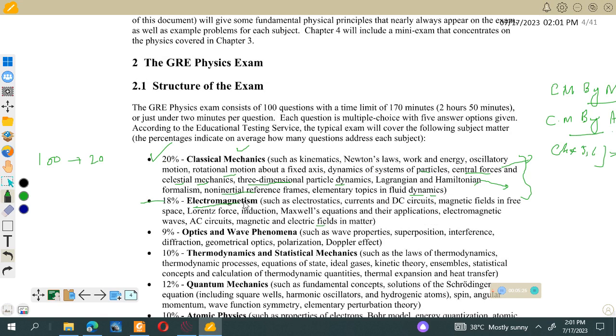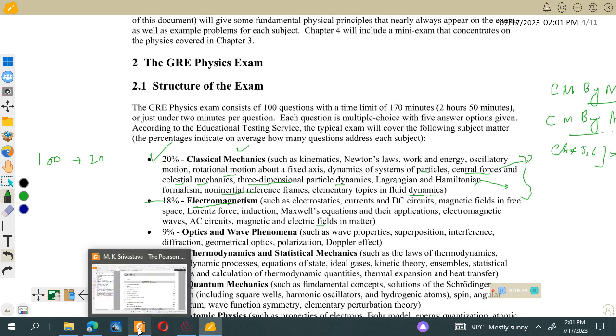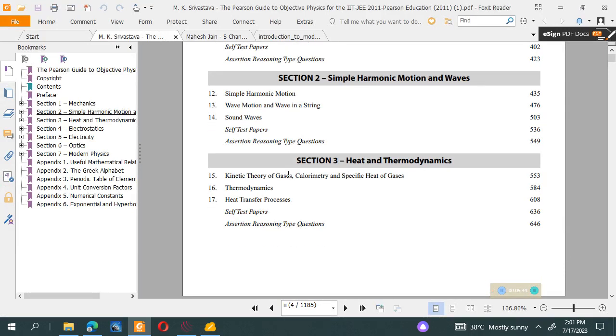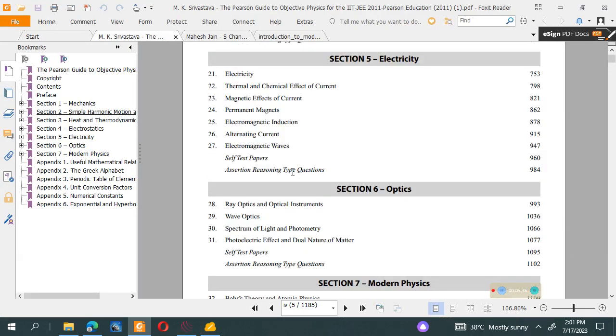So for the electromagnetic portion, this is the electricity and magnetism portion. You can see electricity, thermal and chemical effects of current, magnetic field of current, permanent magnet, electromagnetic induction, AC current, electromagnetic waves. These are the different chapters on those topics.